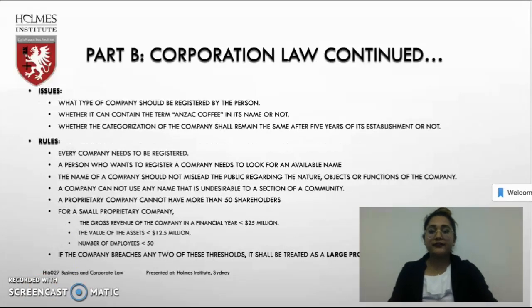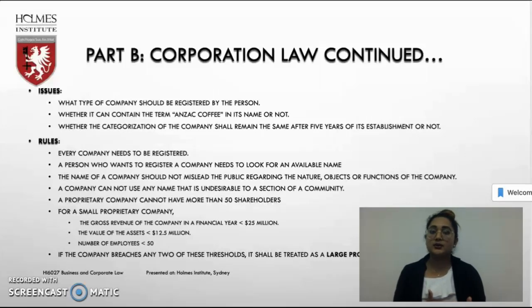Now, according to the facts of the case, there are three issues. If he wants to start a company, under what type of company should he register? Second, if he wants to name his company Anzac Coffee, he should confirm whether anyone has previously registered the same name or not.